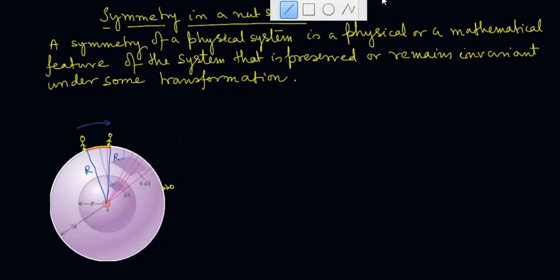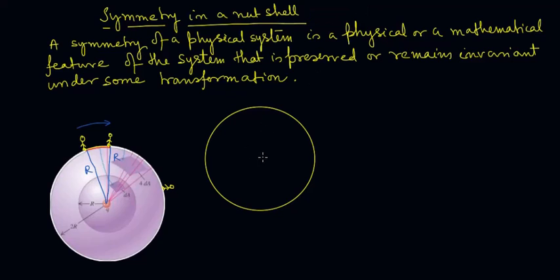Let's take a circle-like structure, then we'll be able to understand it a little better. Suppose this is a small circle and the center of the circle is here. This is a sphere and this is a circle, right?